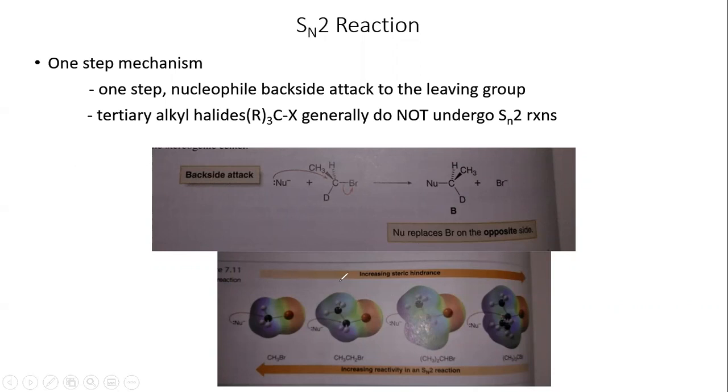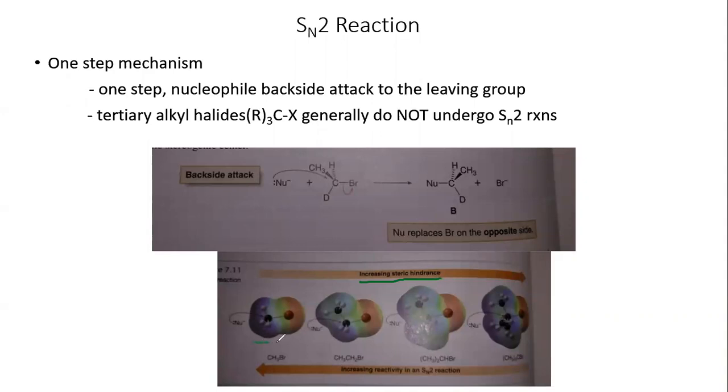In this second picture, we see it says increasing steric hindrance. Increasing steric hindrance is increasing the bulkiness around that carbon attached to the halide. So as you increase this steric hindrance, you decrease the reactivity of an SN2 reaction.